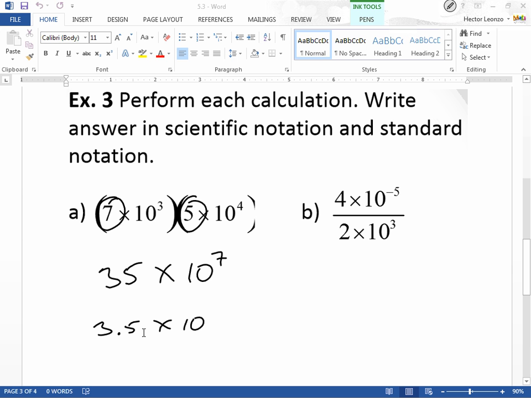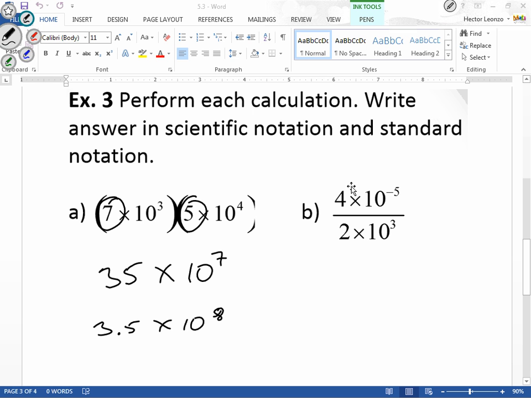Remember, if it was after the 5, you needed to move 7 places to the right. It seems like I moved the decimal 1 place to the left. So not only do I have to move the 7 places to the right, but I need to move it 1 place more, because I moved the decimal place 1 place to the opposite side. So in this case, I'm going to do 10 to the 8.